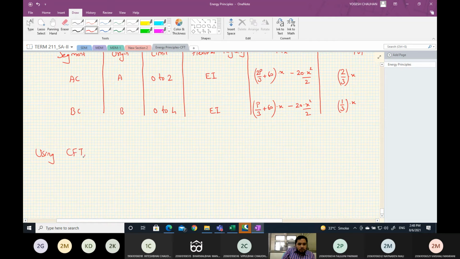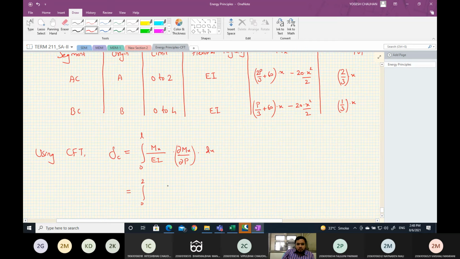Using CFT, delta C is equal to integration from 0 to L of Mx by EI into del Mx by del P, since we are finding deflection, times dx. So we can write this as integration from 0 to 2.